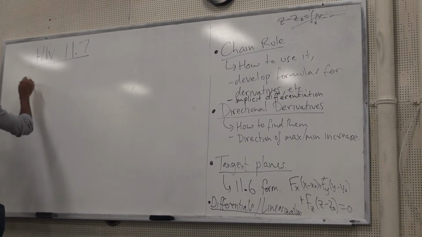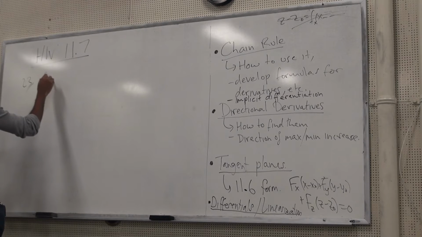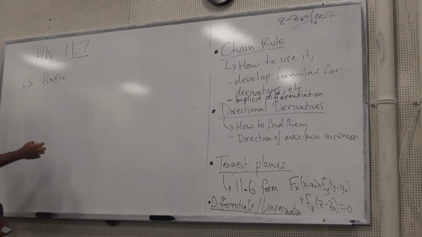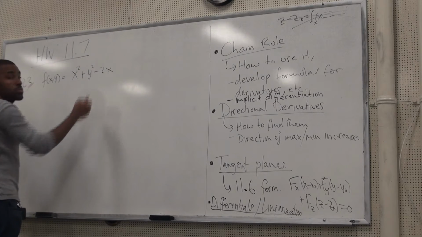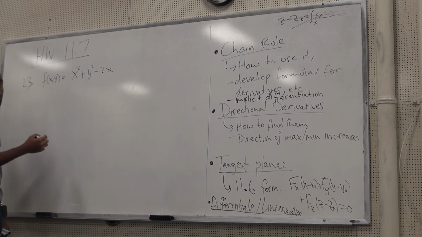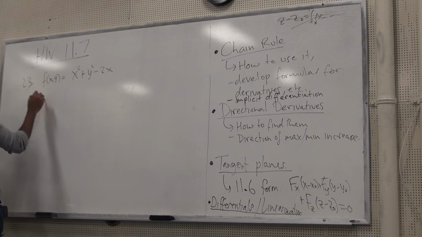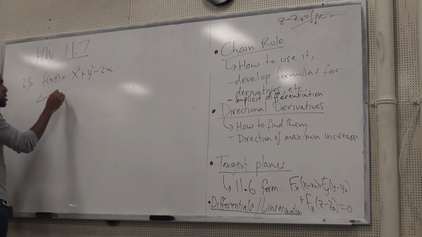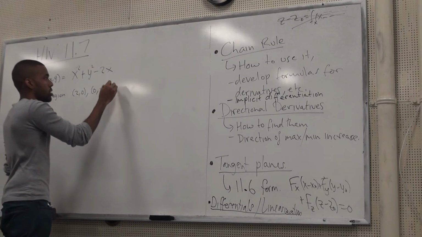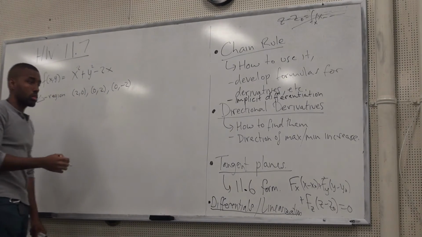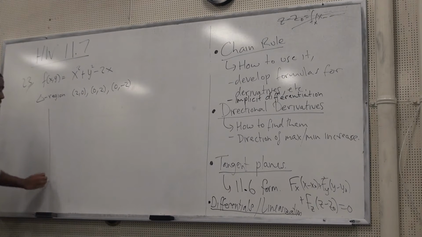This is 23. What was the function? f(x,y) equals x squared plus y squared minus 2x. And it's closed on a triangular region. So it's (2, 0), (0, 2), and (0, negative 2). So I draw that region first.